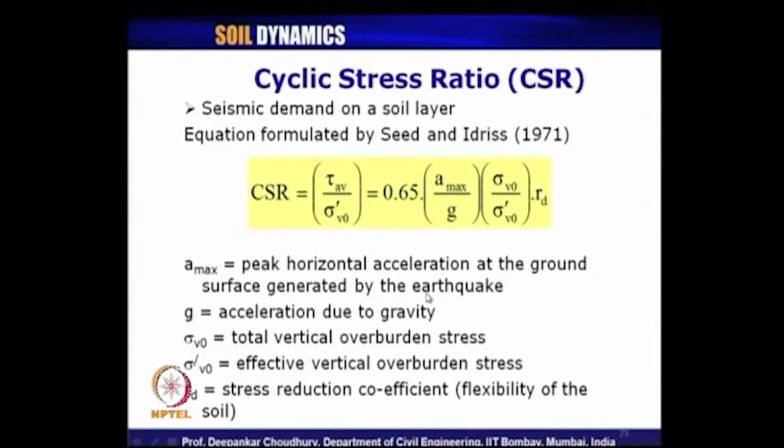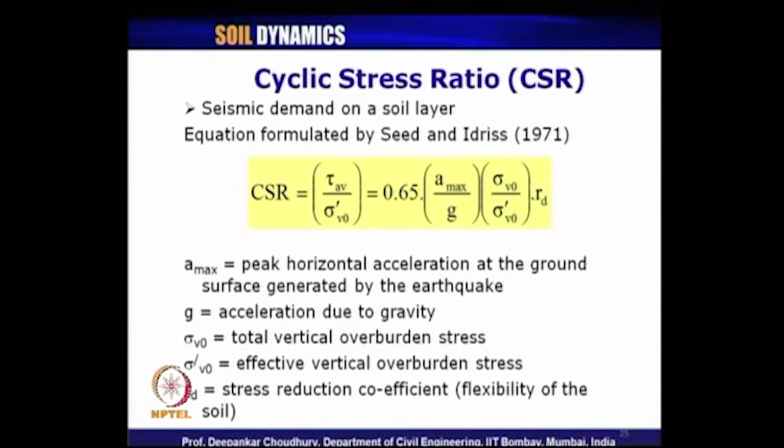You have your seismogram, you have measured your distribution of acceleration with respect to time, from which you can find the maximum or peak value. That is nothing but our A max. Suppose it can be 0.3 g or 0.2 g, where g is acceleration due to gravity. So, A max by g essentially gives you the coefficient of peak horizontal acceleration.